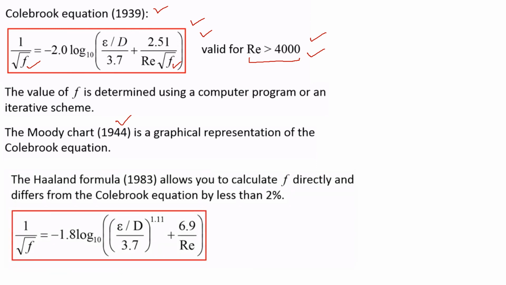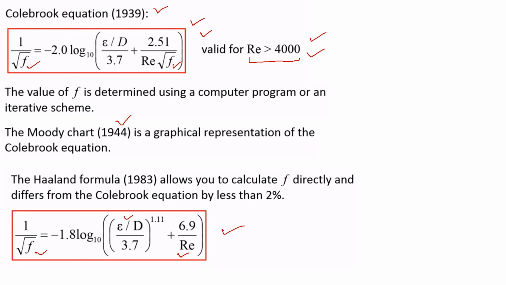There is also another equation, the Haaland formula. Haaland in 1983 also calculated the friction factor by using this equation, and you can see that you need the value of relative roughness and Reynolds number to use this equation and find the friction factor.